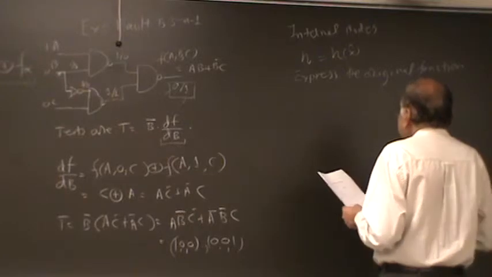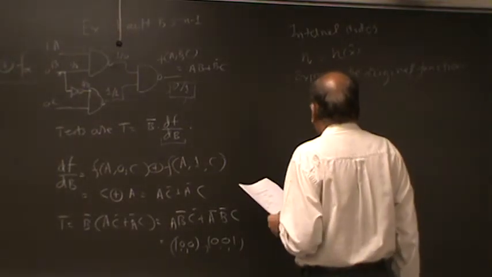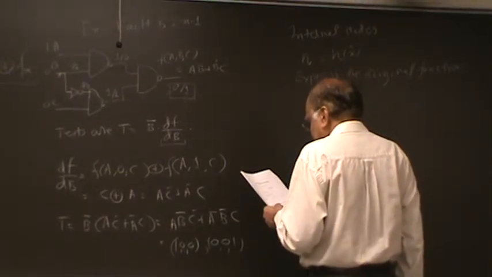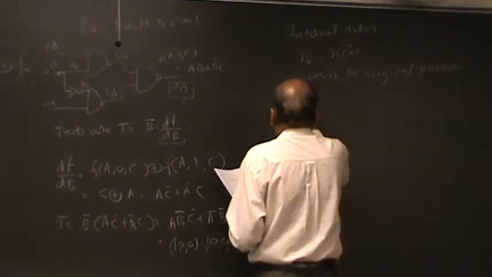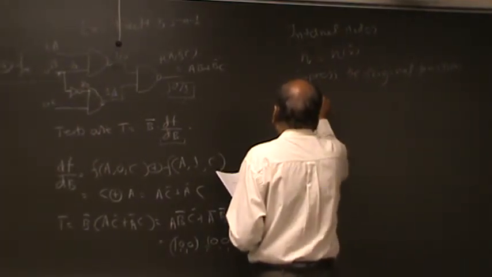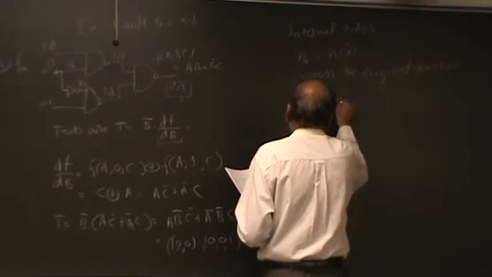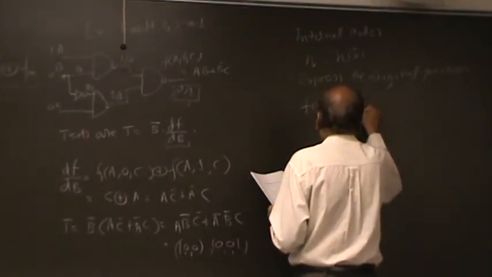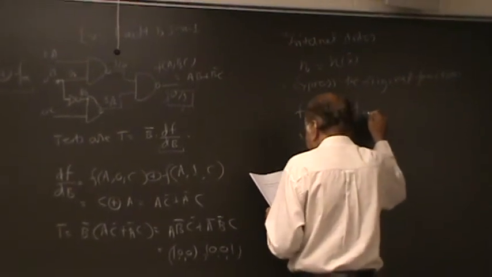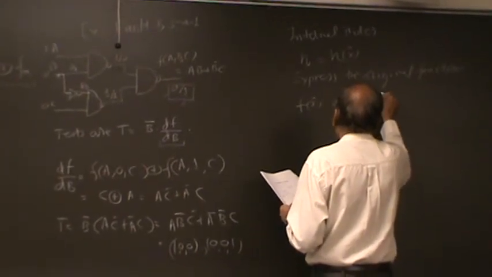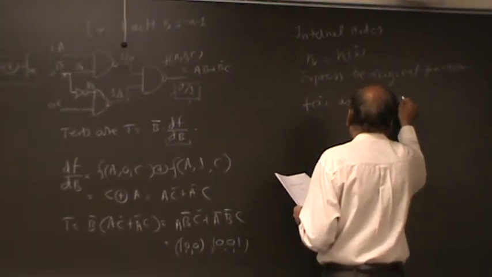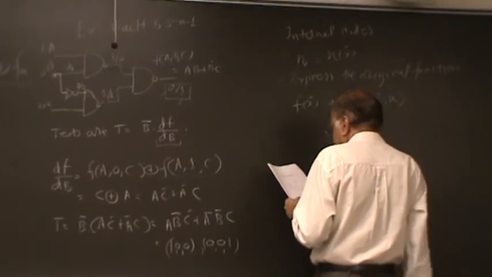Okay, so basically the idea is that you need to express the original function, which was f, and this is a vector, as a slightly different function, and let's call it h, which is a function of the original inputs and the internal node.